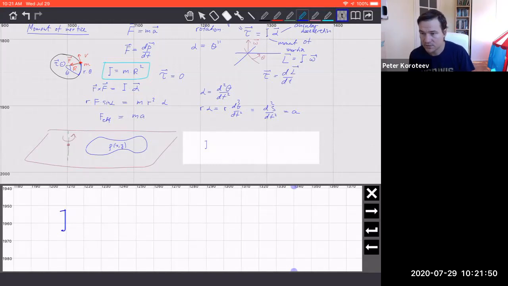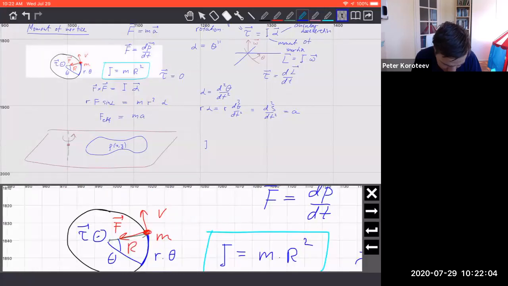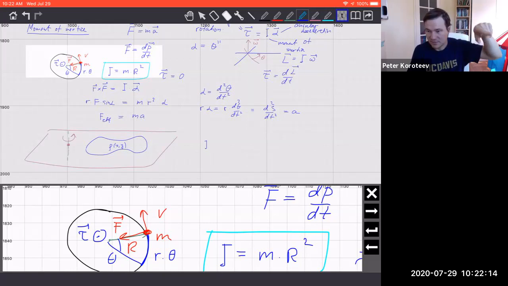Question: R cross F, we did it to find force based on the empirical fact that acceleration is always tangential? No, look at the picture. R cross F is the torque. If the force is always central, then there is no torque, and the particle is moving at a constant speed.